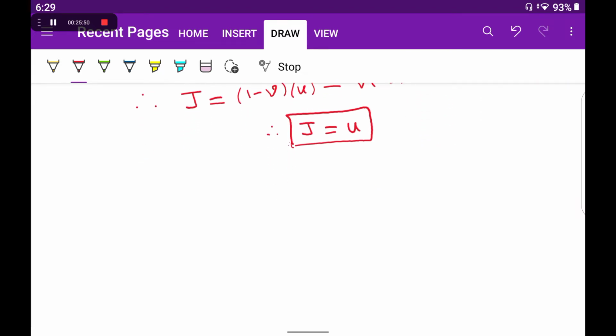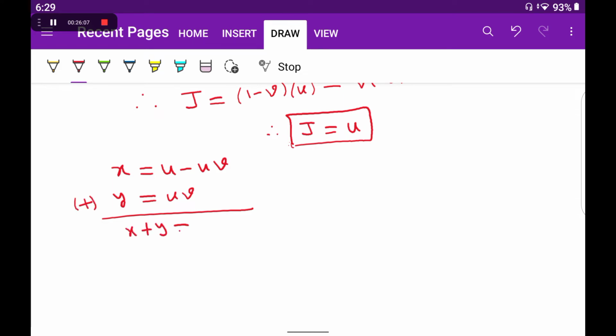Now, to find J', we are given x as u minus uv, y as uv. Okay. We add these two, we get x plus y equal to u, because minus uv plus uv gets cancelled.